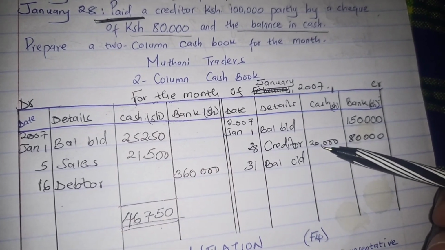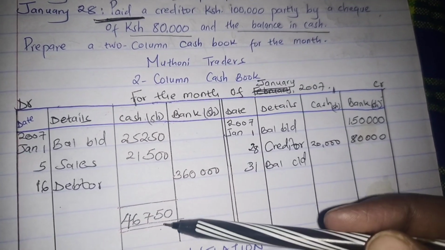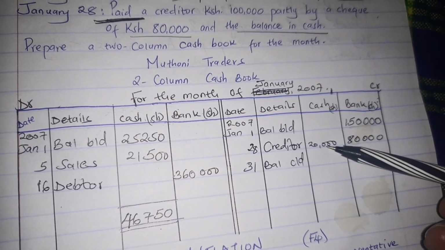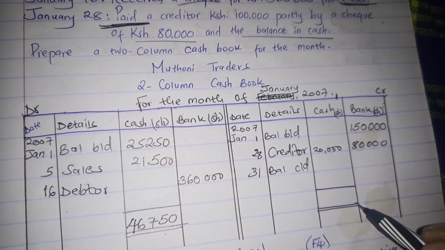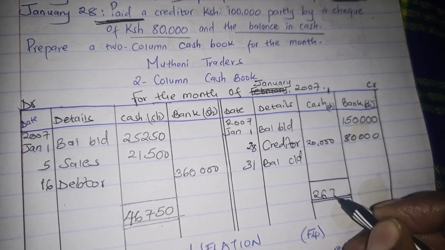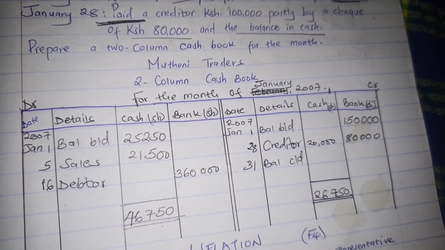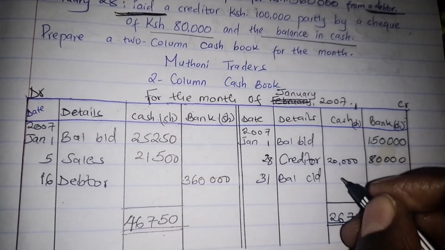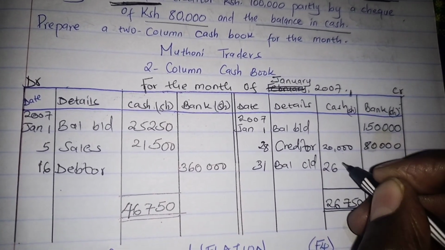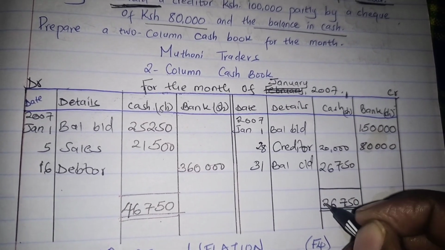You subtract 20,000 from 46,750 to give us 26,750.